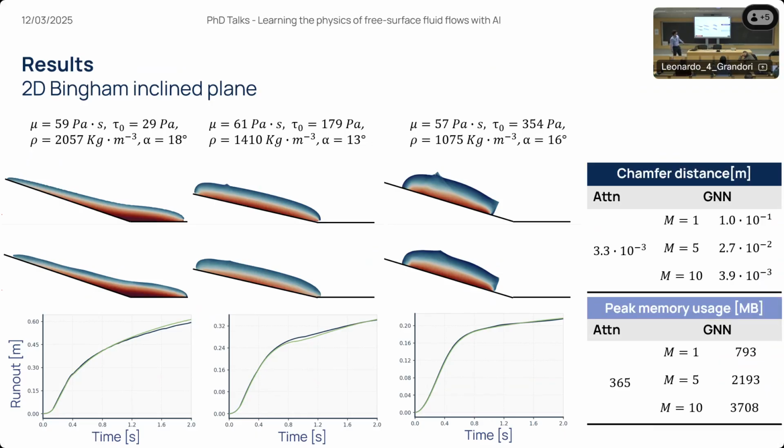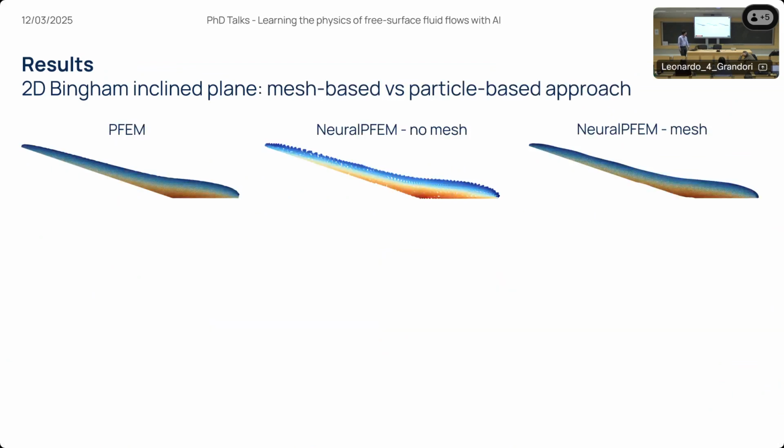And here we can also see that the attention version of the architecture is much less memory consuming with respect to the graph neural network one.